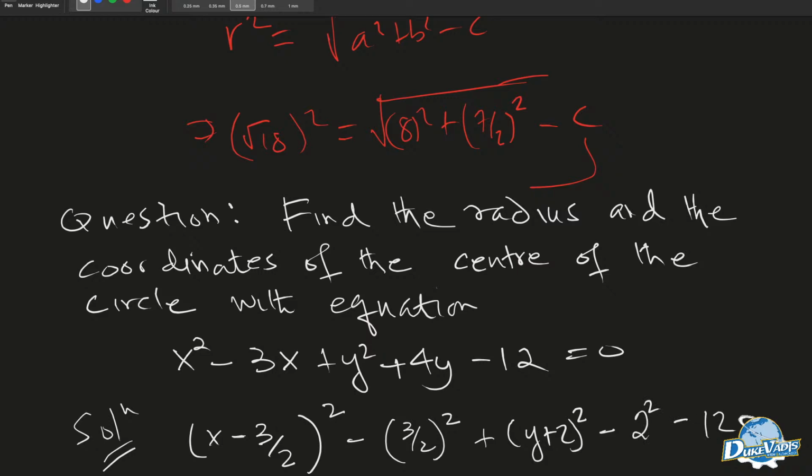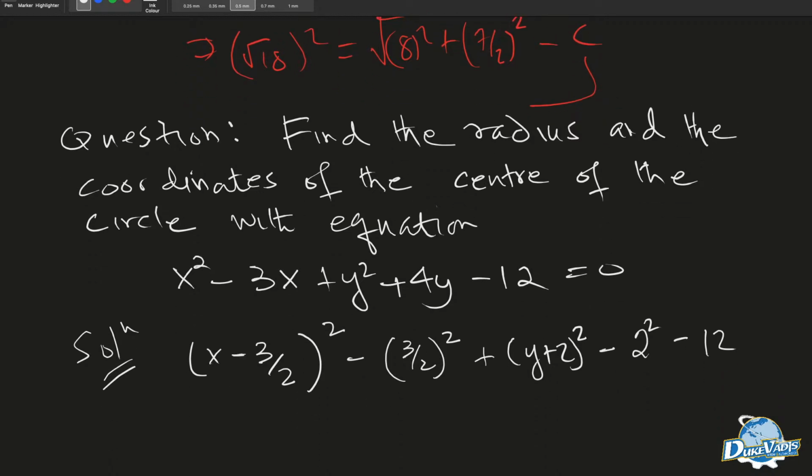Okay, and if we solve this very well, you see that we can separate all the x's and y's. So here we are going to get x minus 3 over 2 squared, then we bring this one here, y plus 2 squared. Let's take our time.